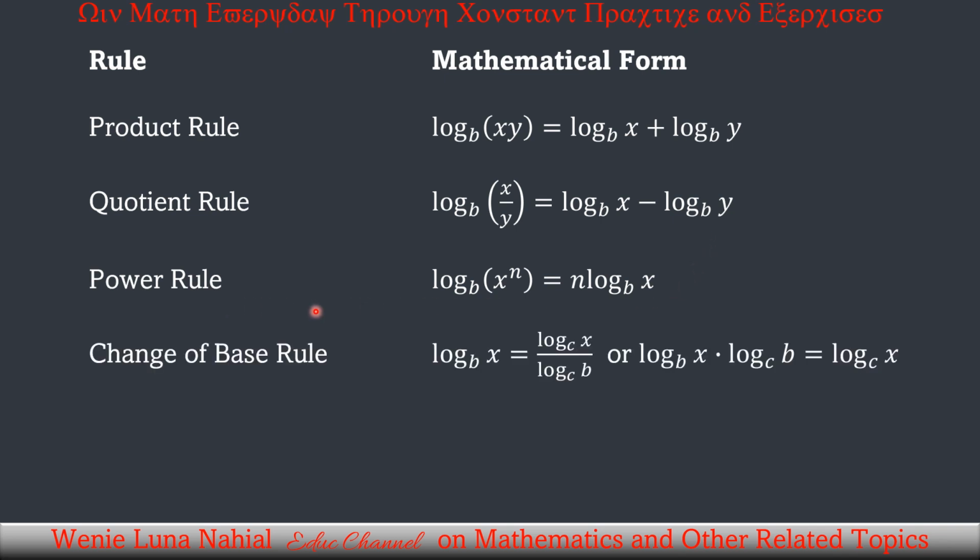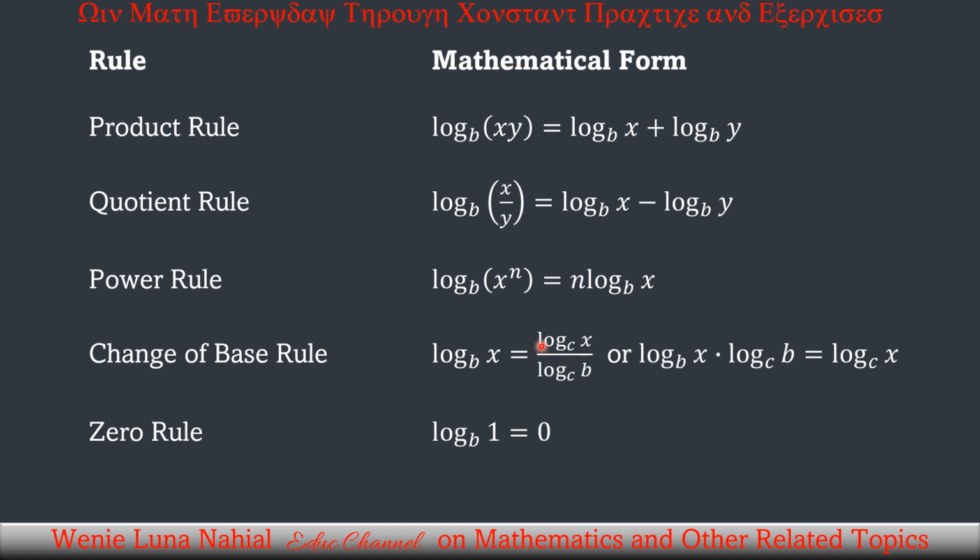Then the power rule, the logarithm of x raised to n to the base b is equal to the exponent n times the logarithm of x to the base b. Then the change of base rule, you have here the logarithm of x to the base b. You can change the base b into base c.